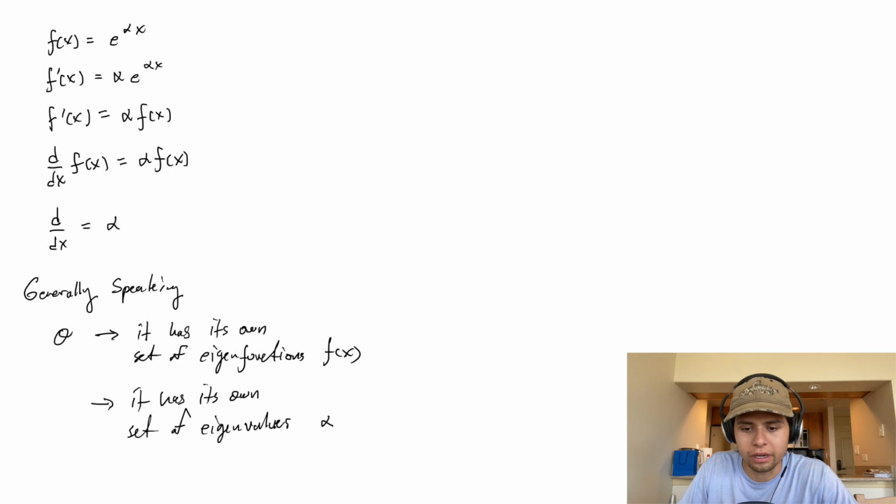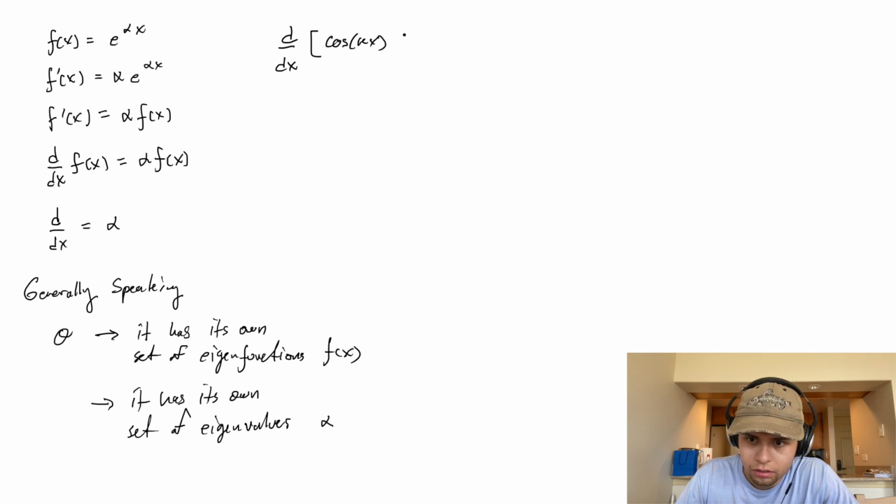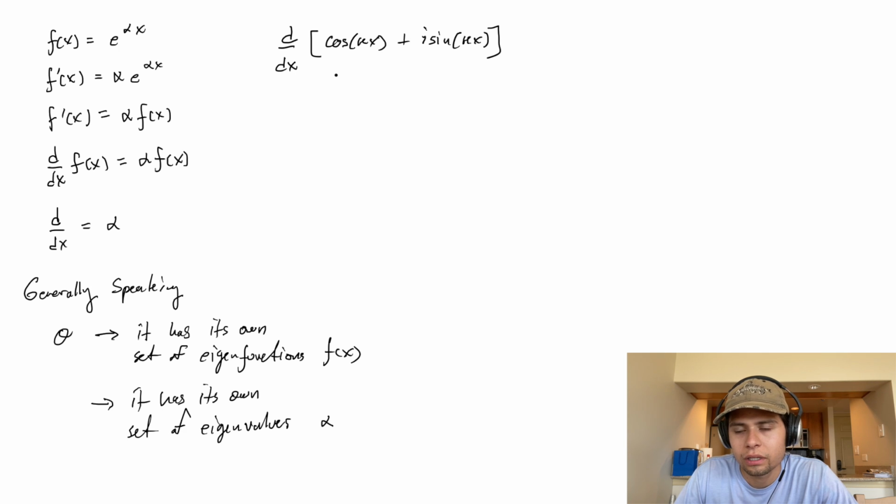And this comes up a lot in quantum mechanics. So let's take, for example, d dx of some function, cosine kx plus i sine kx, where k is just some number, okay? We'll understand a little bit later exactly what k will actually mean for us in quantum mechanics, but let's just figure out what this is.